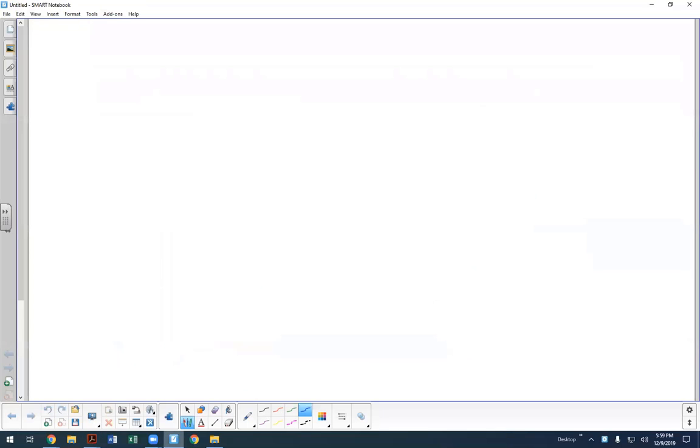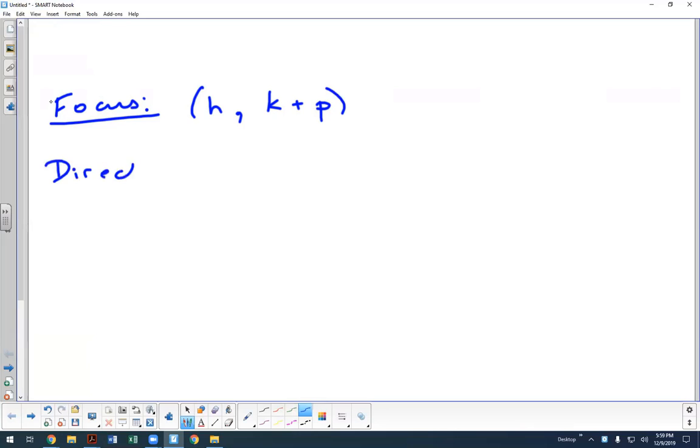Okay, so those are some things we're definitely going to need to keep track of when we are looking at this. So for the focus of our parabola, it's h comma k plus p, right? Because it's an ordered pair. So that's how you write it down. The directrix of our parabola is going to be a horizontal line, which will be k minus p.